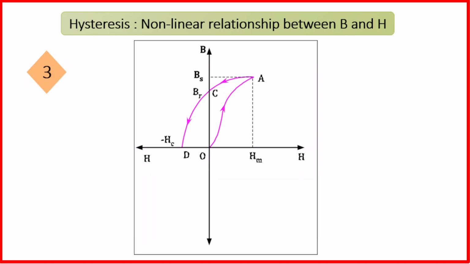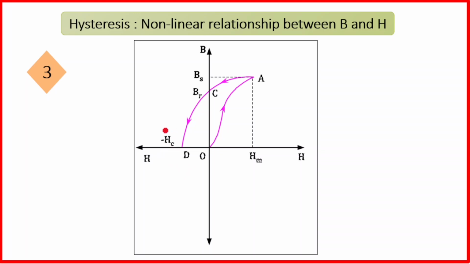Now if the direction of the magnetizing field H is reversed and increased in the negative direction, that is by reversing the current, the magnetic induction B further decreases and becomes 0 at the point D for the magnetizing field H equal to minus Hc.